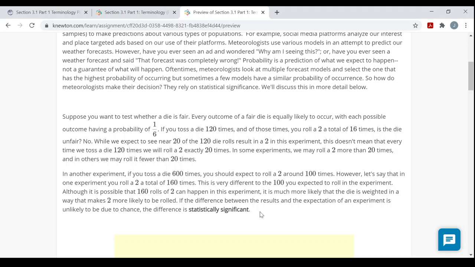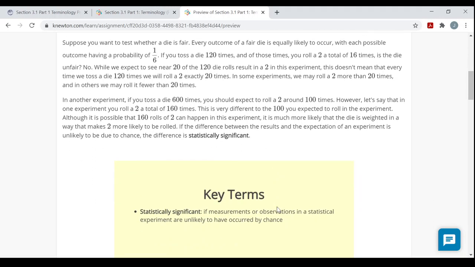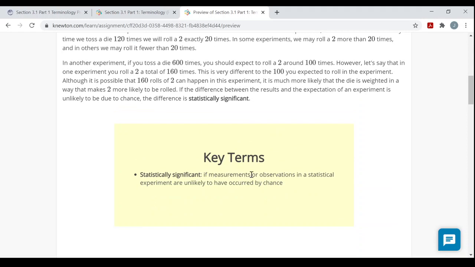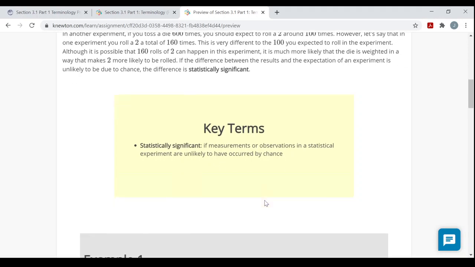Right? You have an assumption. You take a sample. You run an experiment, and if the results of that experiment are significantly far away from what you expect, that's statistically significant, or unlikely to occur. If measurements or observations in a statistical experiment are unlikely to have occurred by chance, they are statistically significant results.